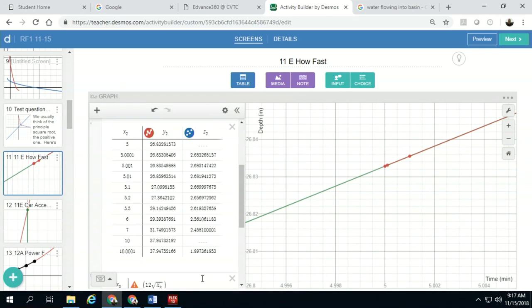It looks almost like a line, right? We zoomed in so far, our curve looks like a line. And the slope of that line, according to the Menominee calculators, is, what'd you guys get? 2.683? Yep, 2.6832.